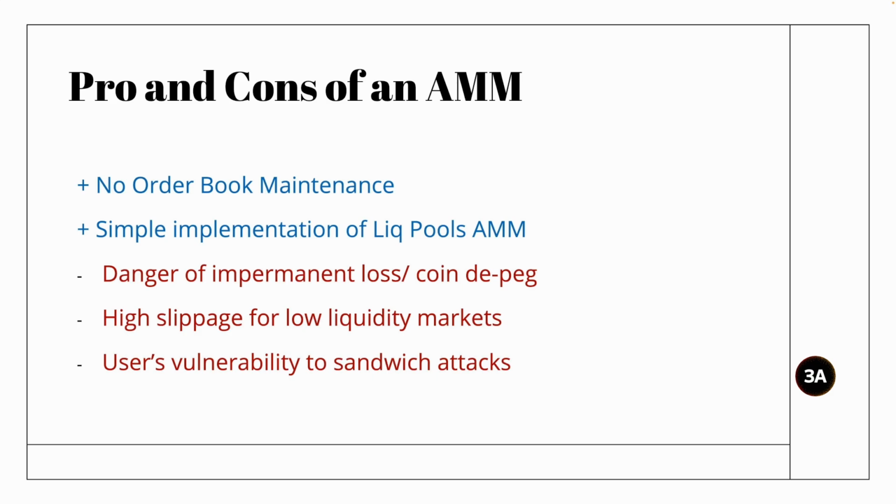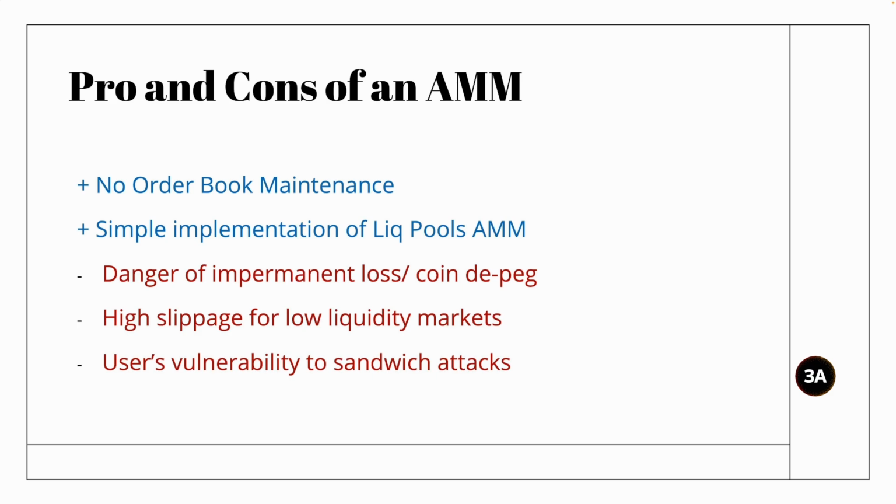This only affects liquidity providers, Alice in our example, who is actually providing liquidity. This does not affect the liquidity takers, such as Bob, who is just a trader in an AMM. So this is not something that you need to worry about as long as you're not providing liquidity to an AMM.